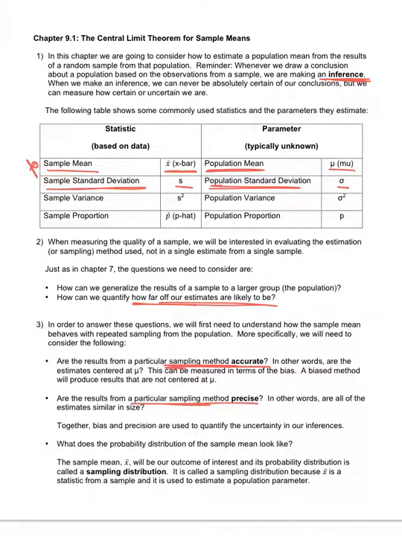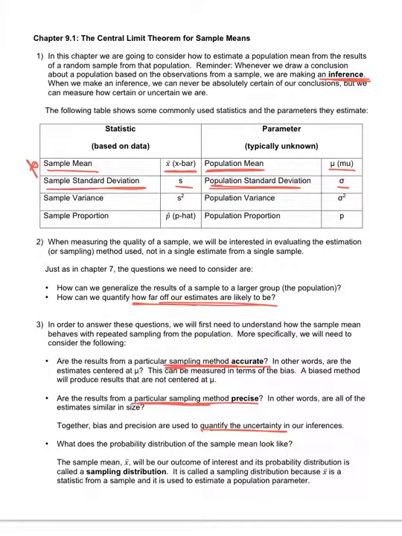In other words, how spread or how varied do we expect to see our sampling distribution? So together, our bias and our precision are used to quantify the uncertainty in our inferences. So that's just another way of talking about our center and our spread.